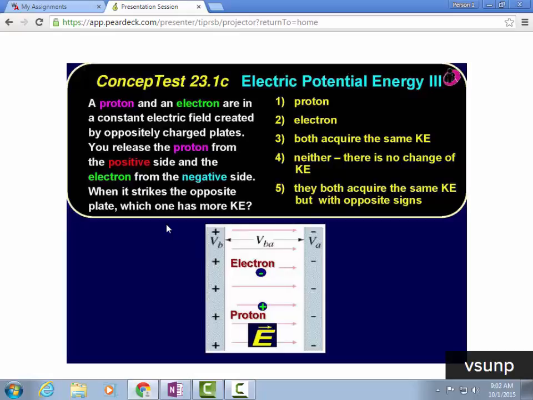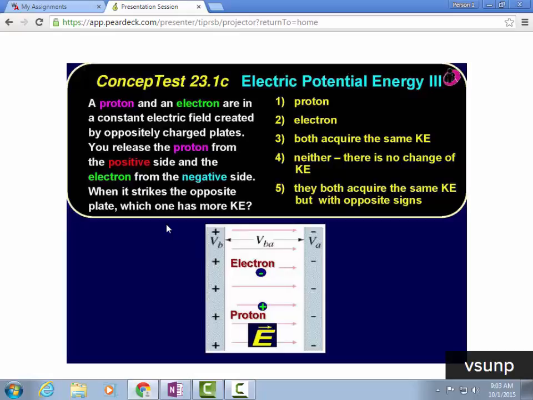Yeah, but this is work-energy. That's right. If you have the same change in potential, since your potential energy is U, and U is QV, the V is the same for both, the Q is the same for both, the U is the same for both. Since the U is the same for both, the KE is going to be the same for both.